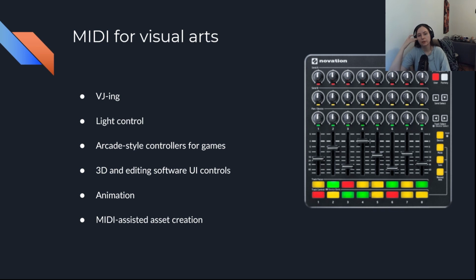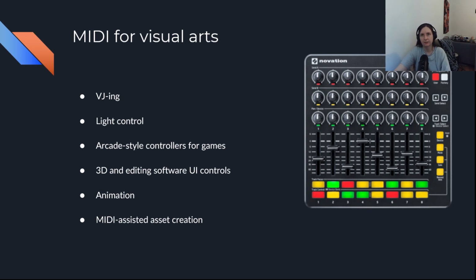So MIDI can be used for visual arts extensively. It's already been used for VJing, light controls, controllers for games, animation, and everything else. Now you can use it for MIDI-assisted asset creation in Houdini. By the way, Blender also has some functionality like this.